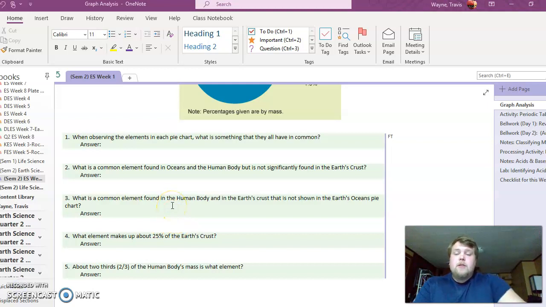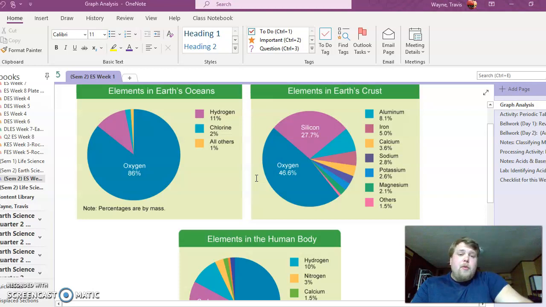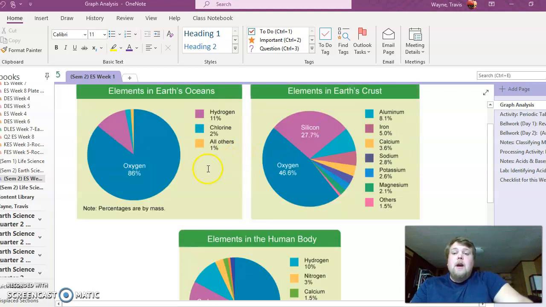So looking at the questions, they are relatively straightforward. For example, number 1, when observing the elements in each pie chart, what is something that they all have in common? So to kind of point you in the right direction, look at the overall comparisons between these 3.